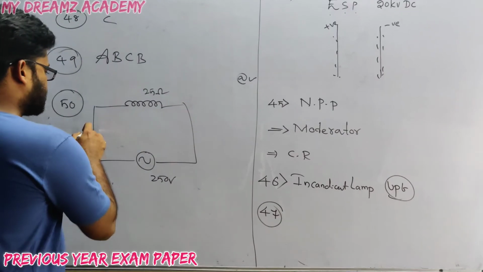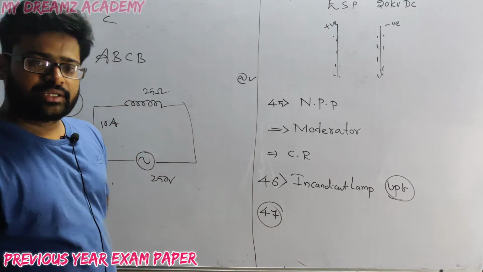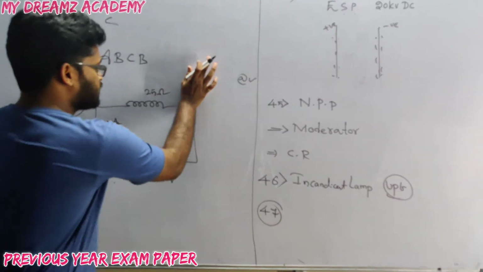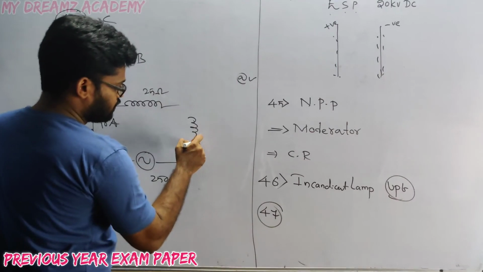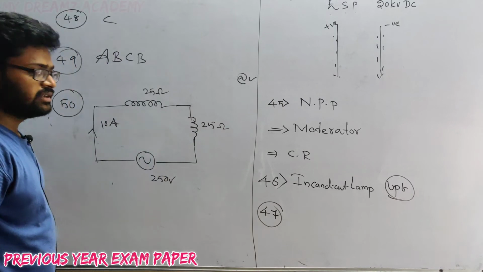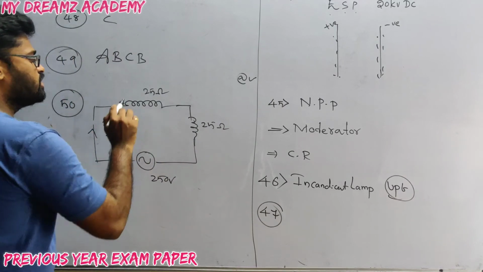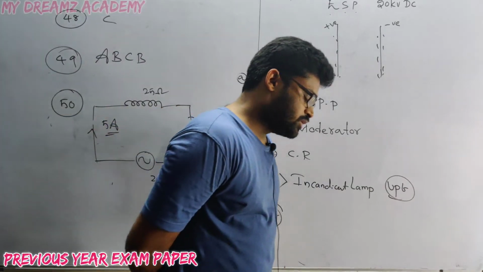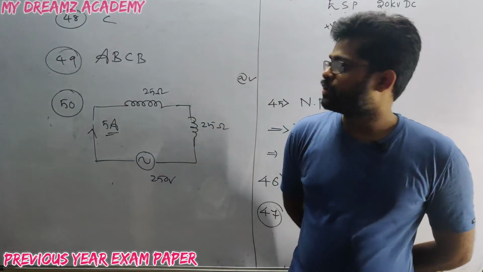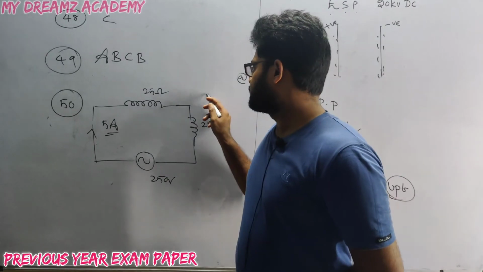What is the current value? The current value is 10 ampere. If I want to reduce this current value, I add one more reactor like this, 25 ohms. So 25 plus 25 gives 50, and the current flowing through this is 5 ampere. So why do we use reactors in a power system? To limit the current. So option C is correct for this question.